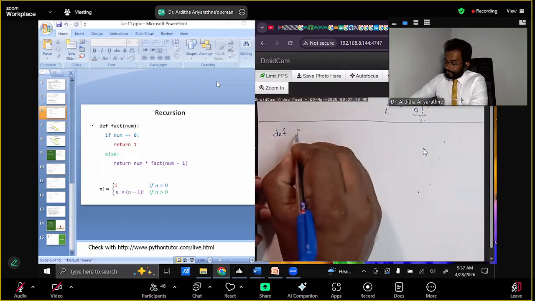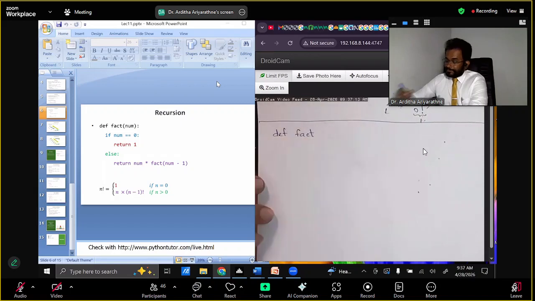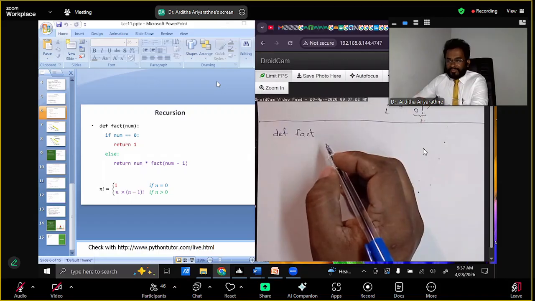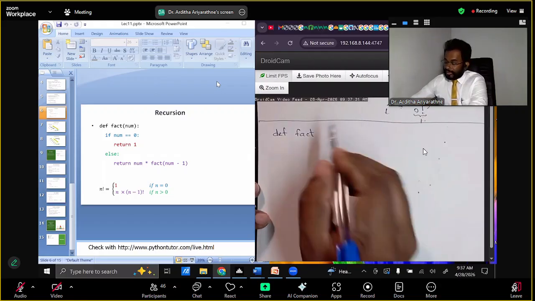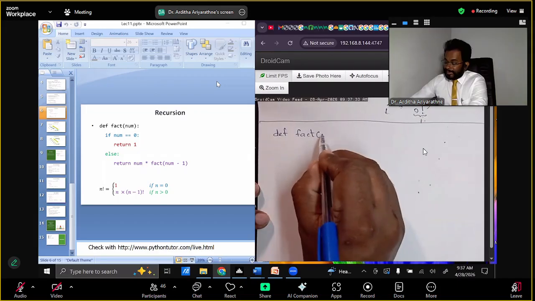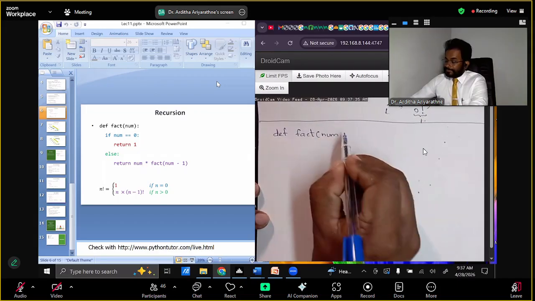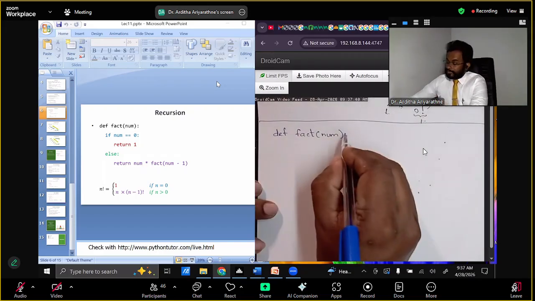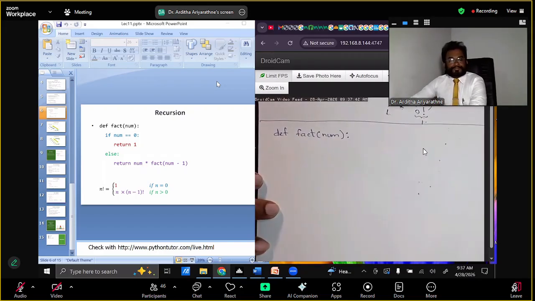Here, fact. In this case, fact indicates factorial. And to find a factorial, we have to give some number, factorial of 5 or factorial of 10 or something like that. So we have to mention some parameter like this, and colon.